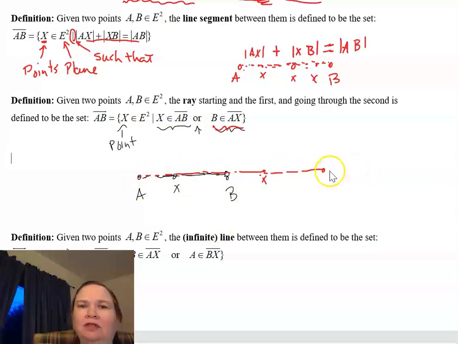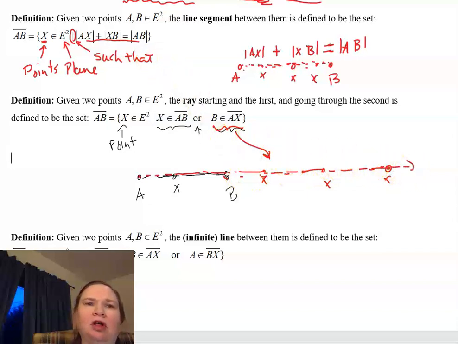And so all of these points, where if I draw a shortest path from A to X, that shortest path is going to go through B, are also on the ray. So the ray includes all of these endpoints of segments out here, and it includes all of the points that are already on the segment. And so that's how I take my previous definition and build on it to get the definition of a ray.